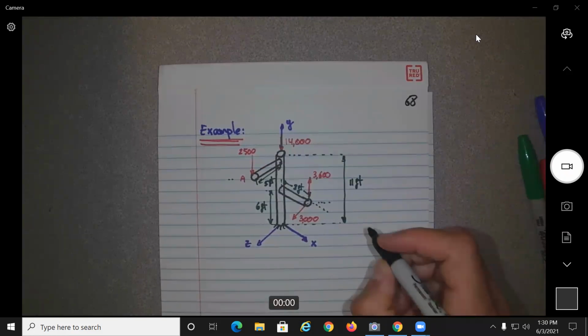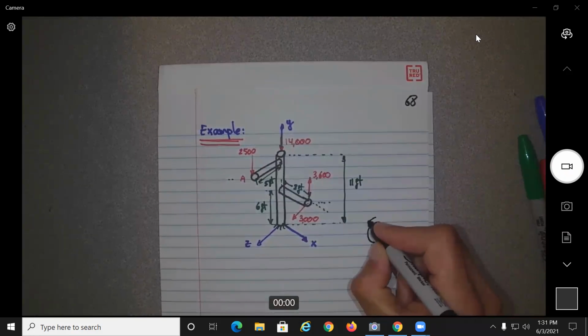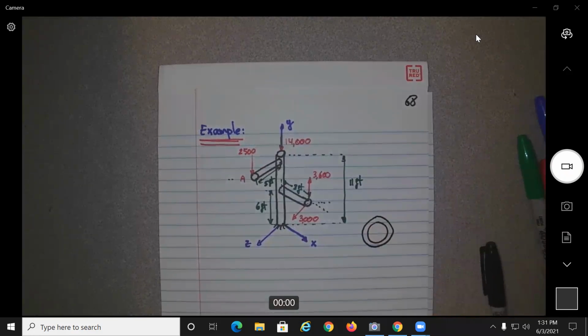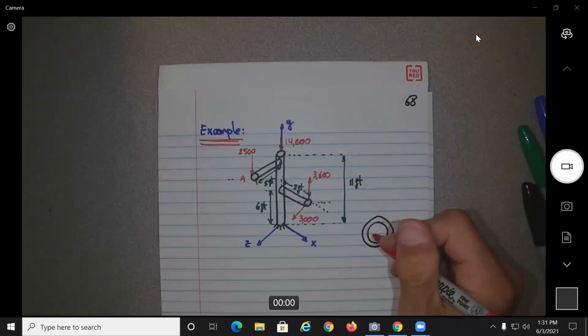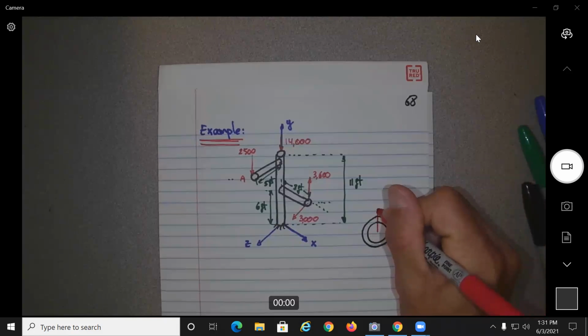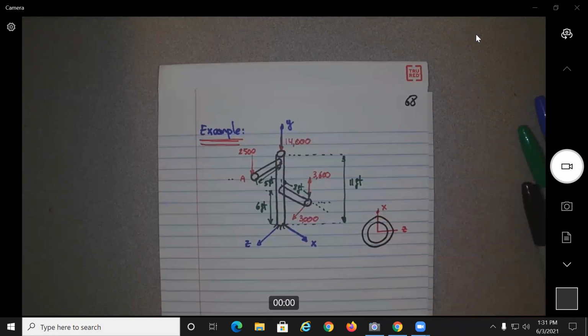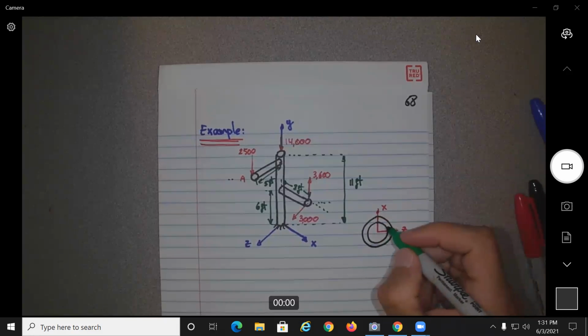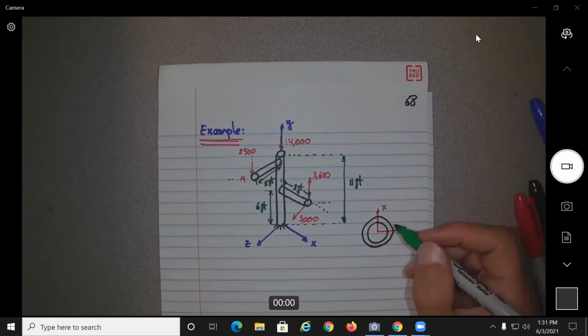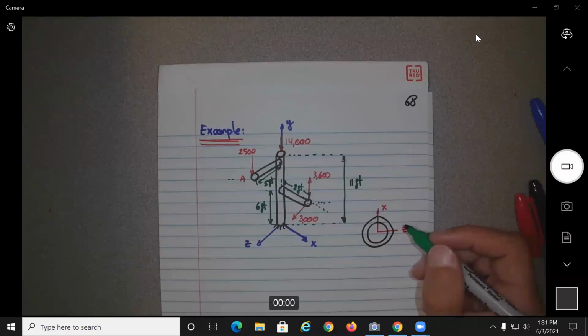And we know the cross section of each one of the tubes would be XZ, and we need to find the stresses, let's say at point H. All right, so we'll see what that point is.